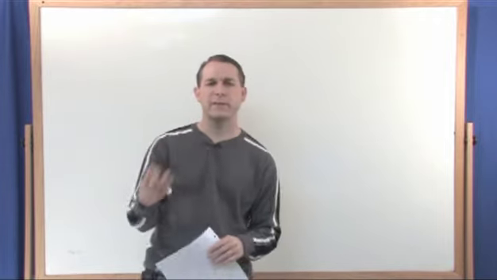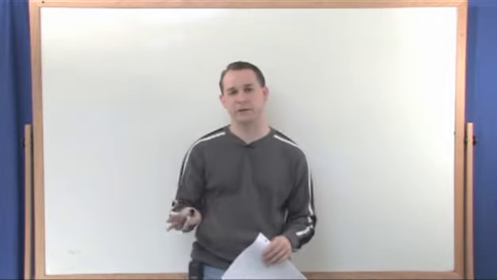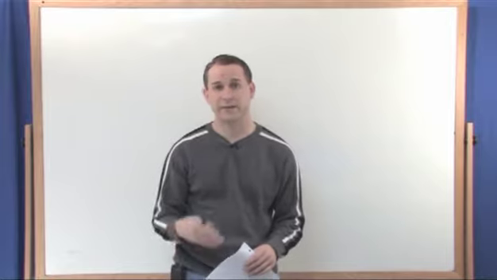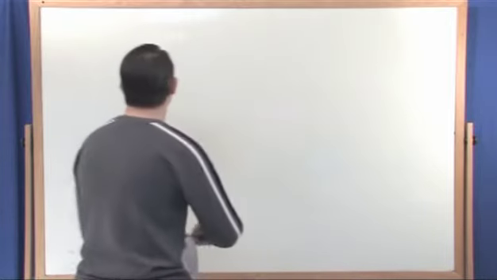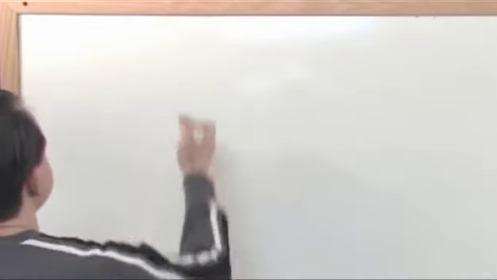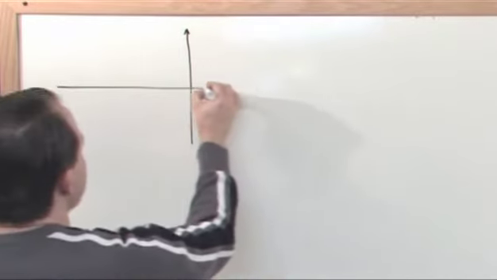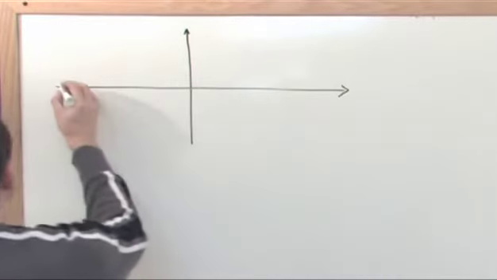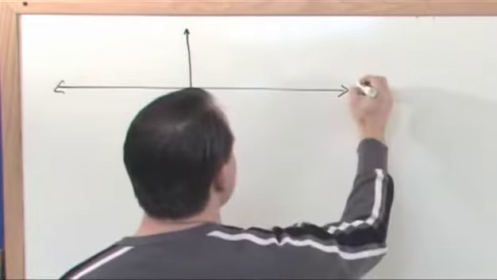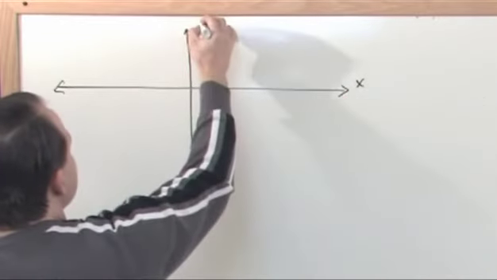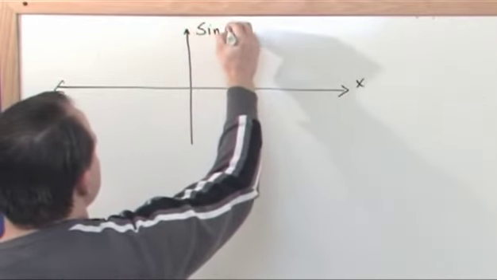Okay, so first let's talk about our favorite trig function everybody knows and loves, and that's called the sine, the sinusoid. So I'm going to draw it up here on the board, and we're going to review a few things because that's what this section's about. Okay, so you have your graph that we all know and love, and here will be x, and here will be sine of x.